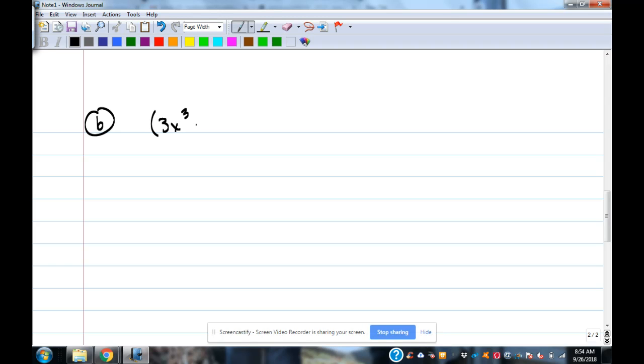3x cubed minus 6x plus 13 divided by 3x squared minus 3x minus 6. See if we can get somewhere with this one.